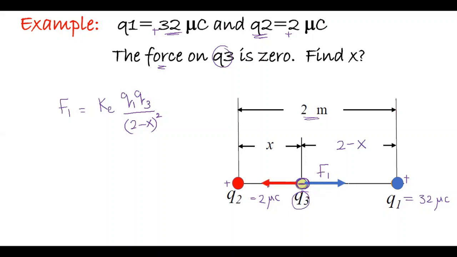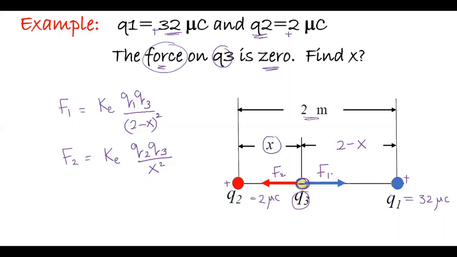So it will attract the negative one. There is the force F2. So the force F2 will be KE times Q2 times Q3, divided by the distance between these two charges, which is x squared.